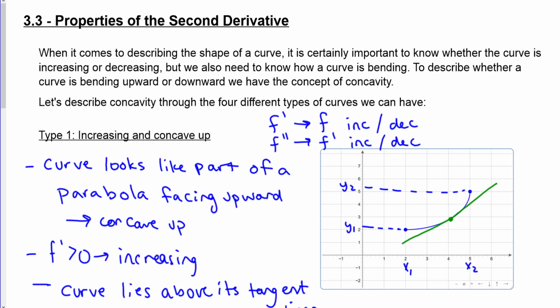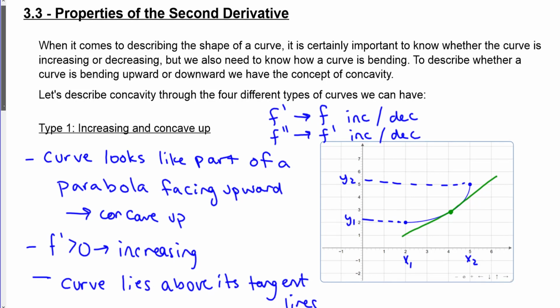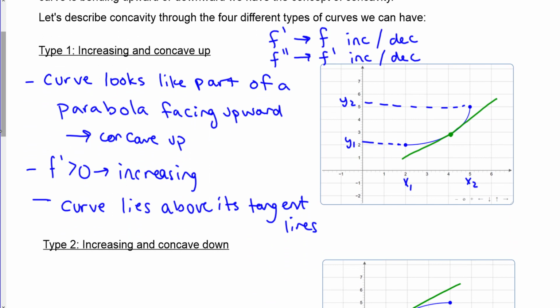Those 4 options are explained in these particular curves. If you're increasing and concave up, that means your first derivative is greater than 0, to be increasing. Concave up means your second derivative is greater than 0. Concave up means that you are increasing at an increasing rate. If you look at this curve over here, it is going up in value, but it's getting steeper. As it gets steeper, that means that it's increasing at an increasing rate. That's what makes it concave up.